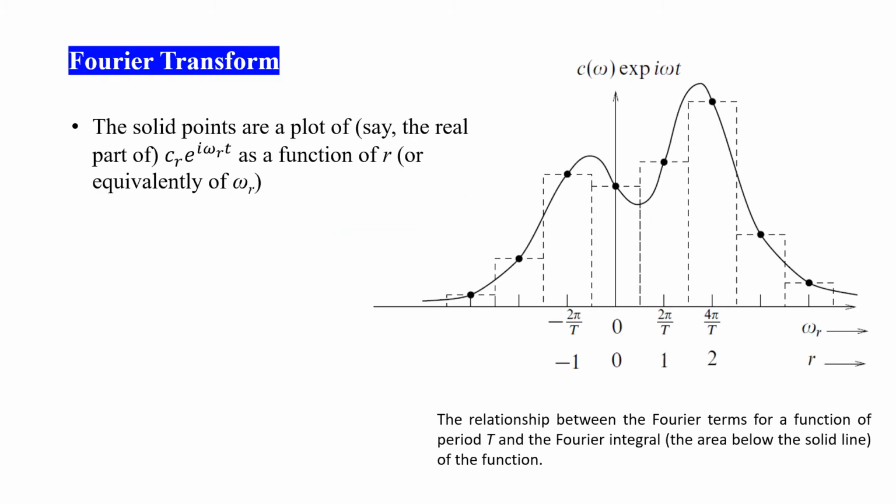Now look at this figure here. As you can see, you have your solid lines, and then you also have your broken lines. This shows us the relationship between the Fourier terms for a function of period T and the Fourier integral, which is the area below the solid line of the function.